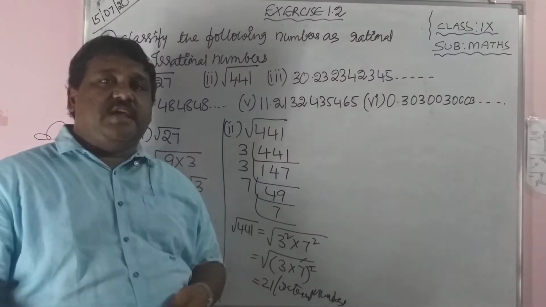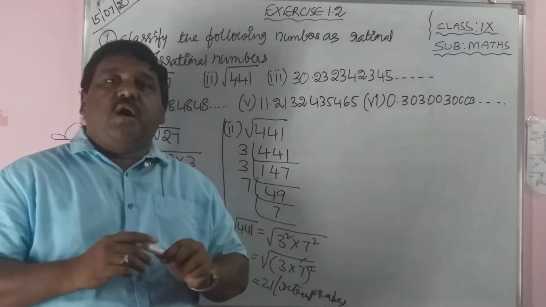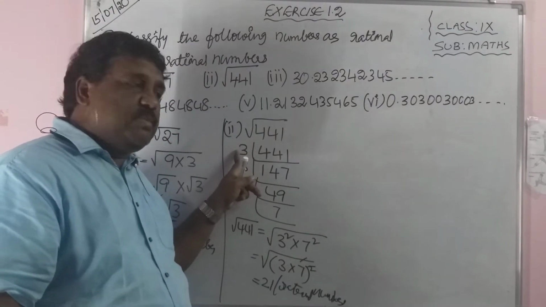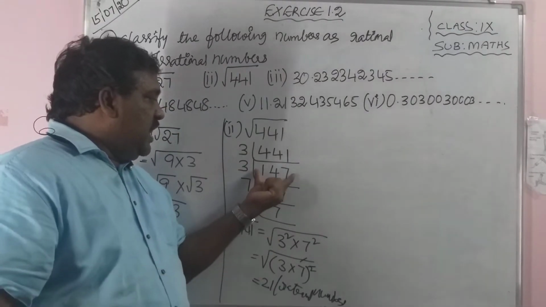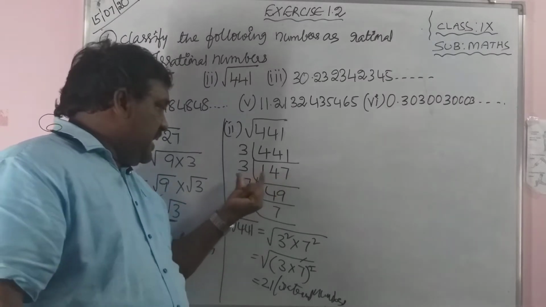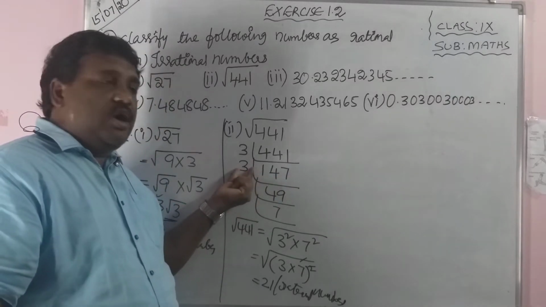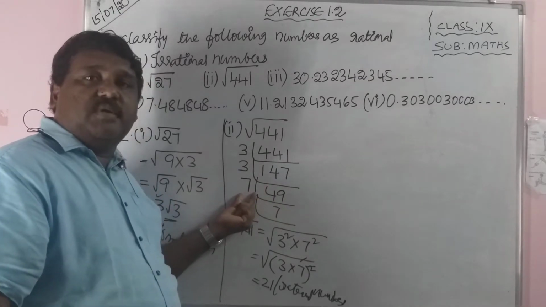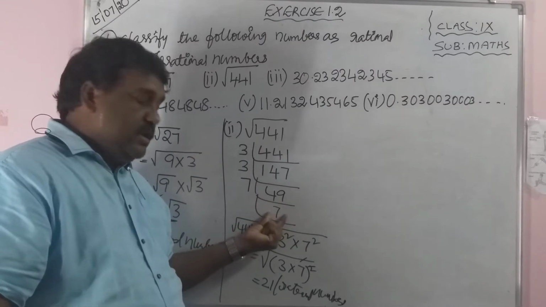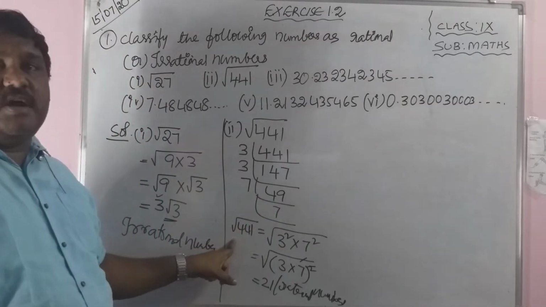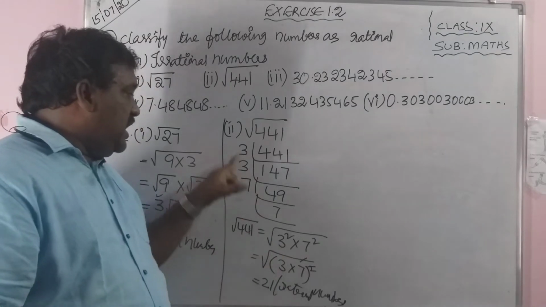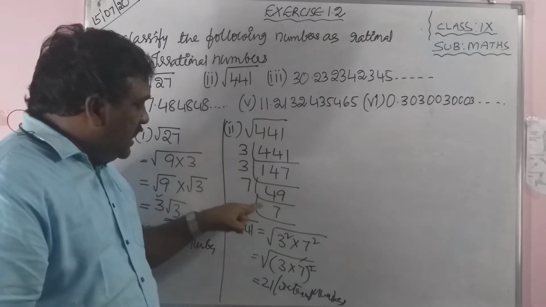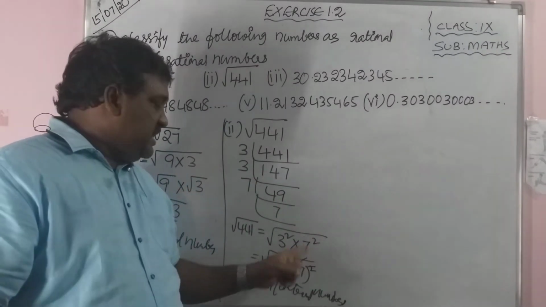See this one again, 441. I want to verify whether it is a rational number or an irrational number. Start with the 3 table: 147 times. Again 3 table: 49 times. Again 7 table: 7 times. So root 441 equals 3 two times, 3 square, and 7 two times, 7 square.